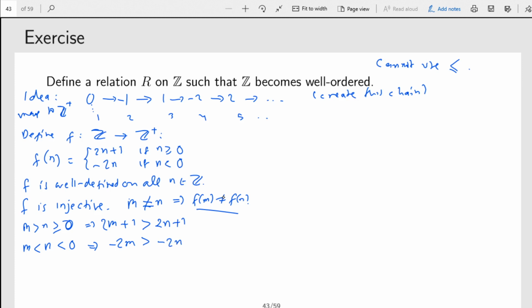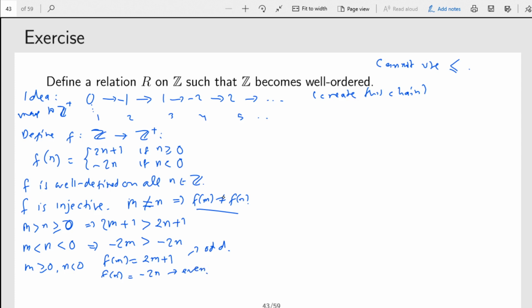And of course, if m is bigger than or equal to 0 and n is less than 0, then f(m) is 2m plus 1, which is odd, and f(n) is minus 2n, which is even.